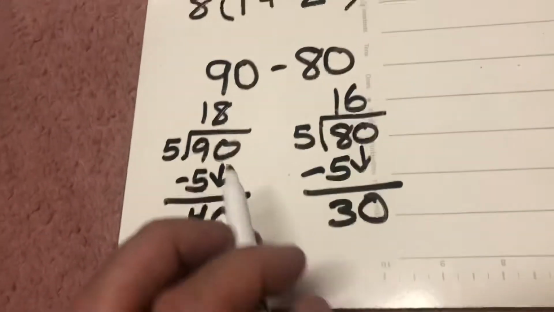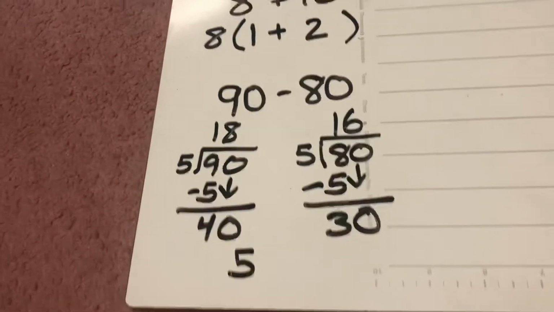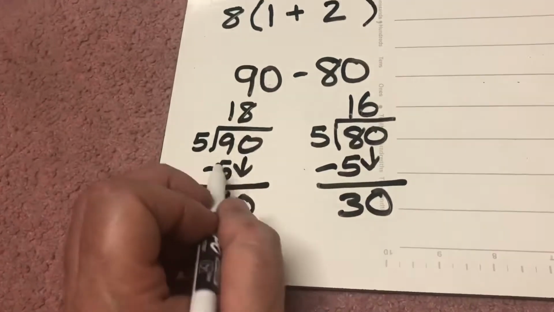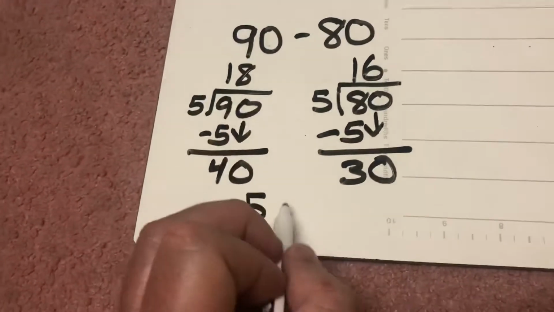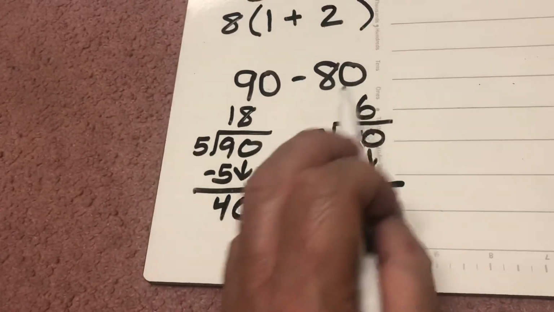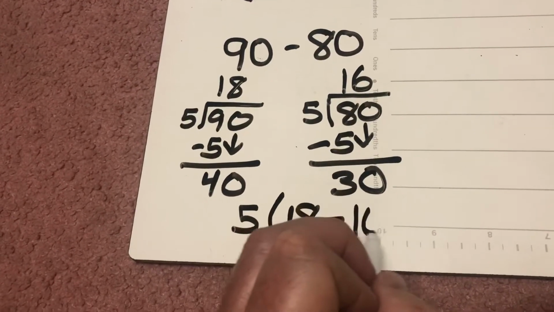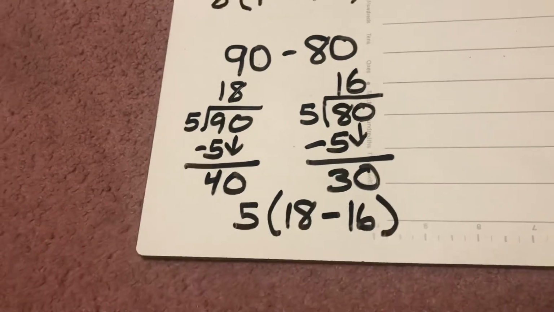So, since 5 was my common factor, I'm going to put 5. And then I'm going to say, well, 90 divided by 5 was 18. 80 divided by 5 was 16.